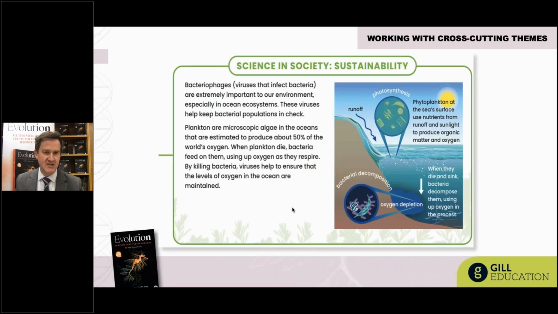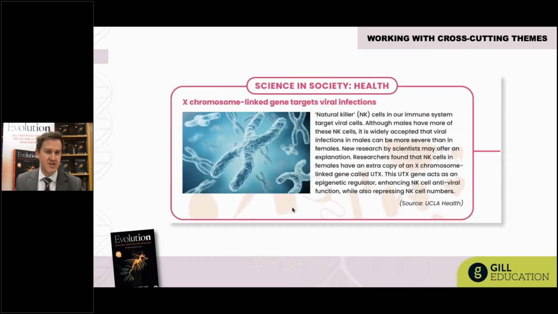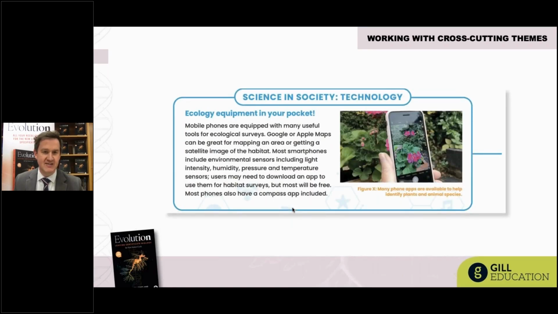So you can see here, for example, there's a cross-cutting theme in relation to sustainability, and we're talking about viruses, which is quite interesting. Then you see one here on health in relation to natural killer cells, so our immune system. Obviously very easy to find a link to health and the immune system. And then for science in society, you can say technology, so even just ecology, using their phones to help identify plants in the ecosystem or animals, or maybe even to measure abiotic factors.